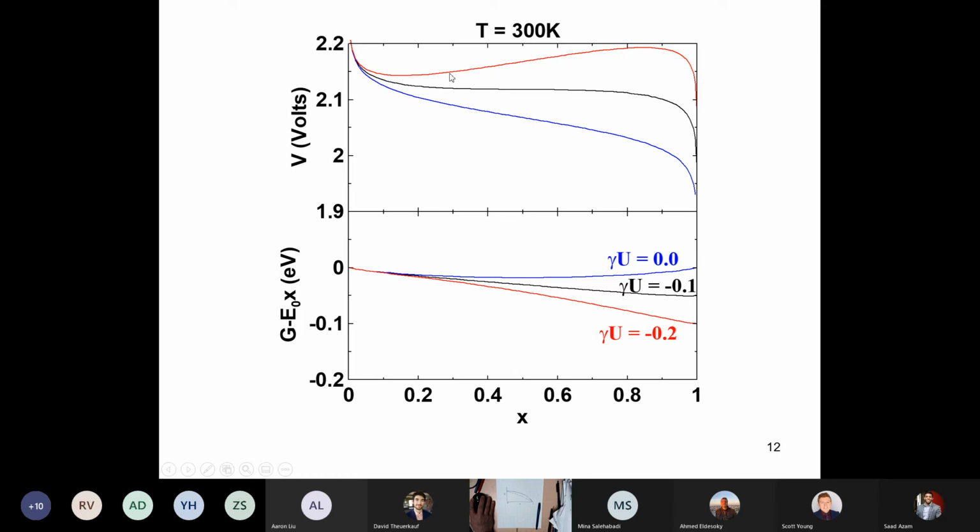Whereas if you look at the red curve, you can see that it goes up. It's given by the slope of the free energy curve, but here we subtracted off a term just to make this visible on the screen. So what happens instead is shown on the next slide.